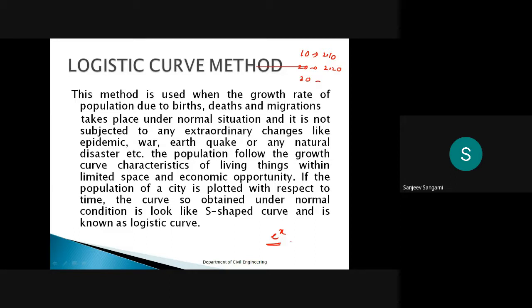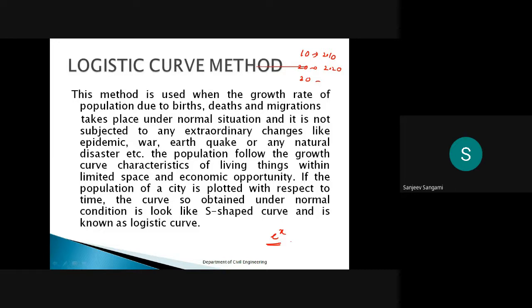See then, this method is used when the growth rate of the population due to births, deaths and migrants takes place under normal situations, and is not subject to any extraordinary change like epidemic, war, earthquake, or any natural disaster. Normally, this growth is not considered under the decreasing growth method.